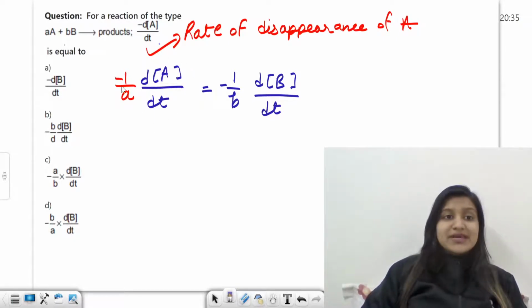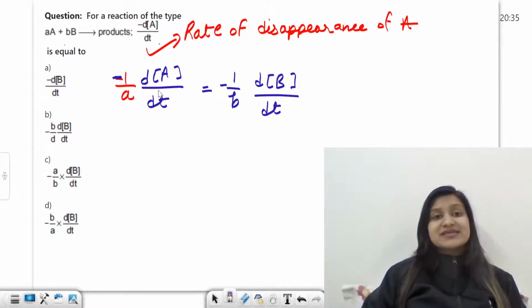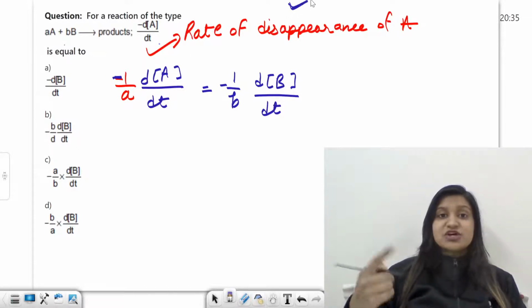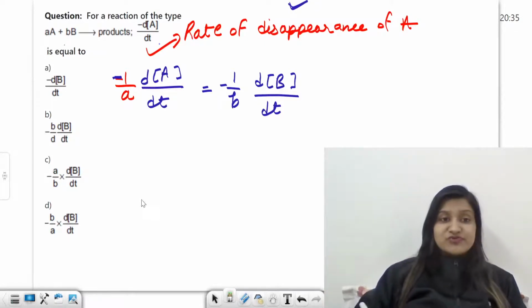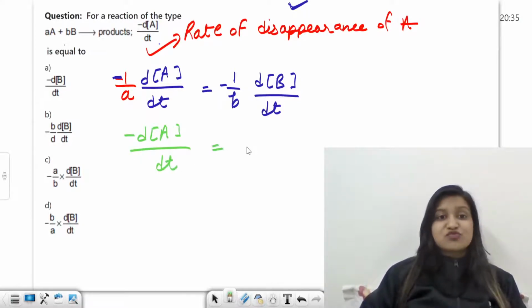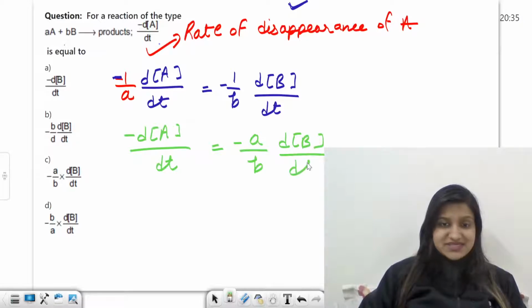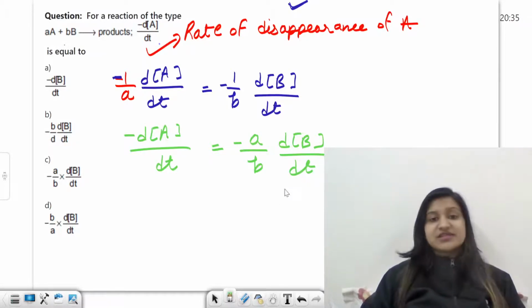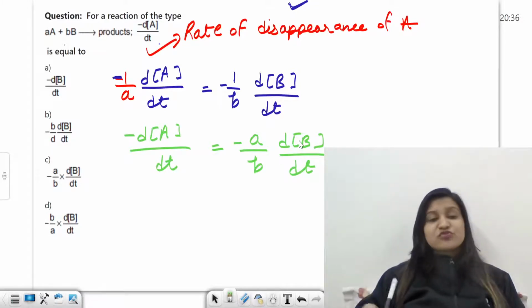That only minus dA by dt, this minus included, only this minus dA by dt means the rate of disappearance of A will be equal to what? Let's write a very simple equation. Minus dA by dt will be equal to minus of a by b dB by dt, right? Is there any comment? Not right now. So this will simply be minus a by b dB over dt.